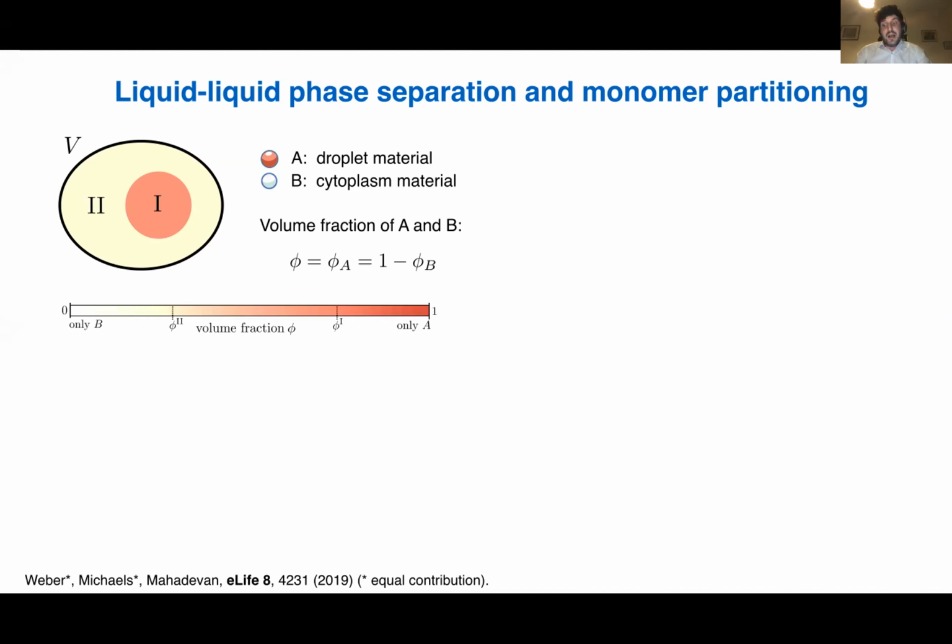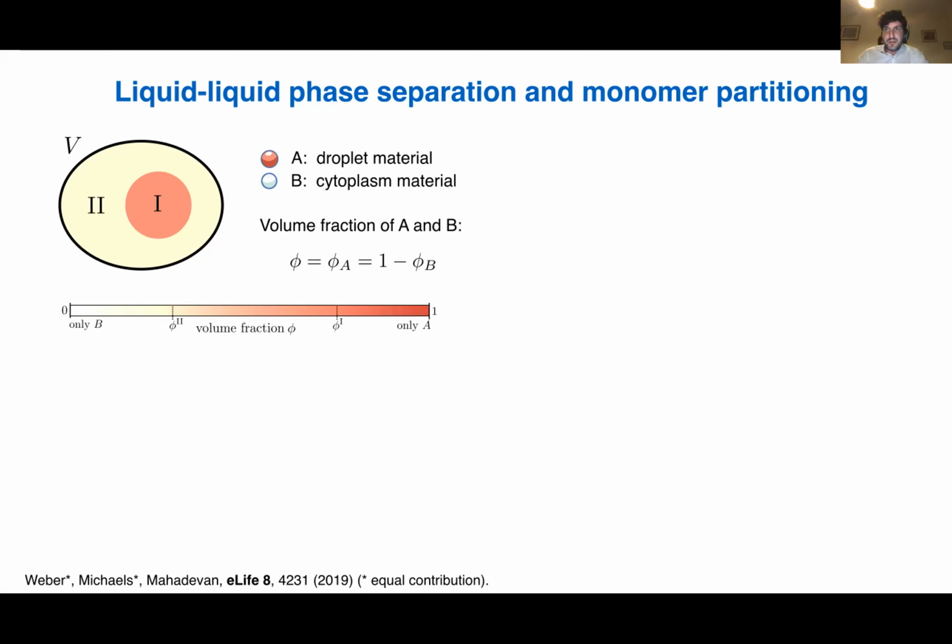Now, the key quantity here is the volume fraction. So how much volume of the system is occupied by species A or B. And the volume fraction of A I denote with phi, and then 1 minus phi is the volume fraction of B. So volume fraction 1 means I have only A, and 0 means I only have B.